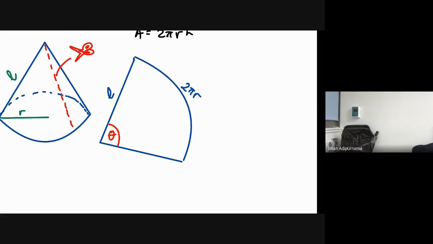This is called a sector. If you have a circle and you cut the circle like you cut a pizza, this part of your pizza is called a sector. That's the English term.